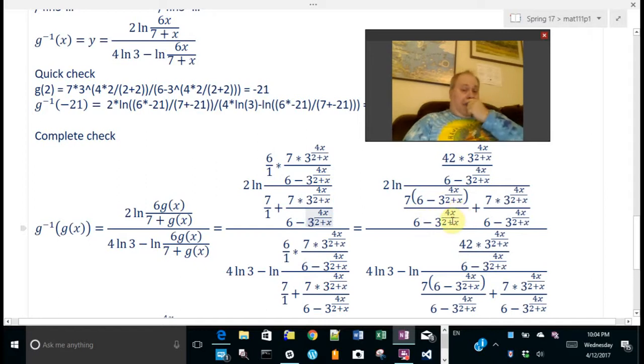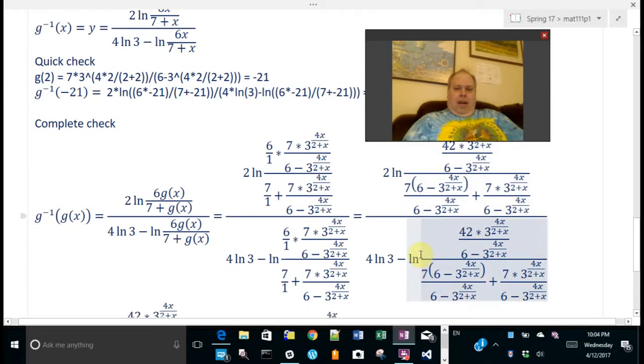The denominator of this guy is going to be the common denominator. So now we have a common denominator. Down here, we do exactly the same thing, so this giant thing becomes exactly the same as the giant thing up there.